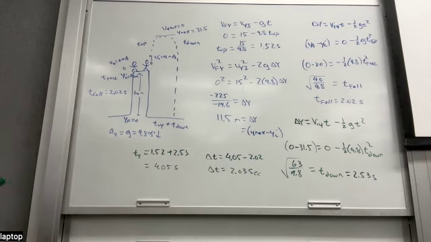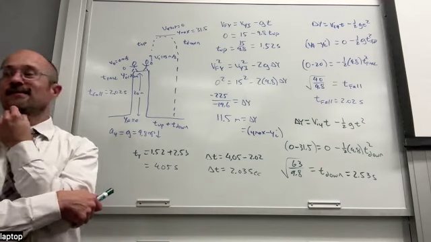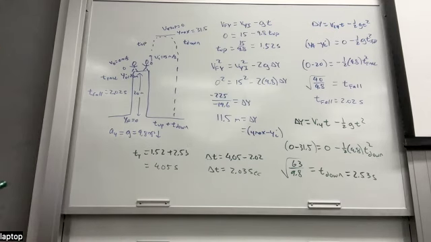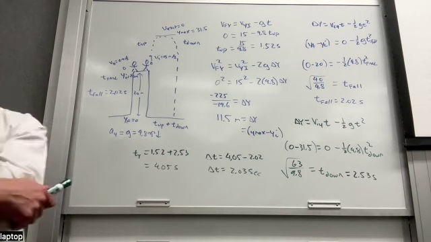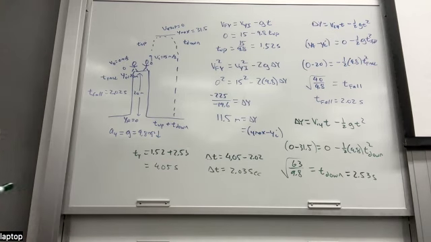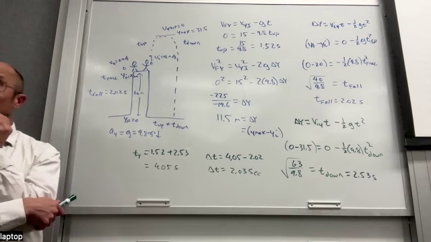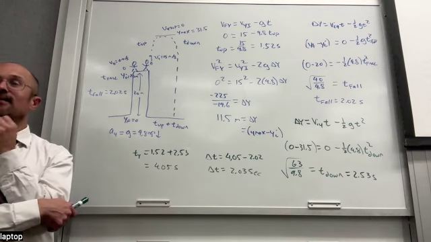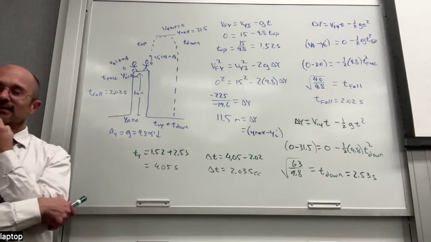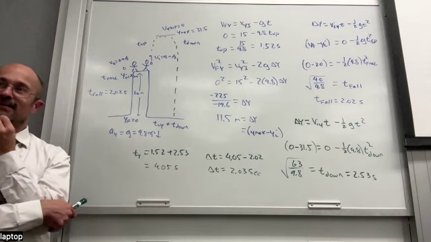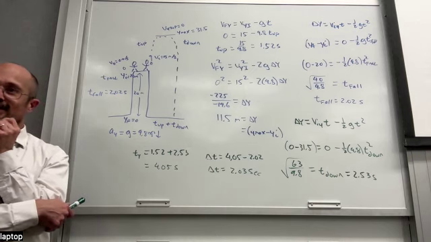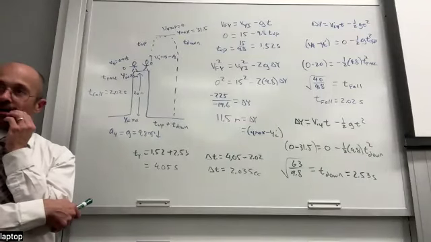Does anyone else have a question? Yeah. On the MyLab with adding vectors, at the beginning of it, where it's just sideways and up and down, that really tripped me up.